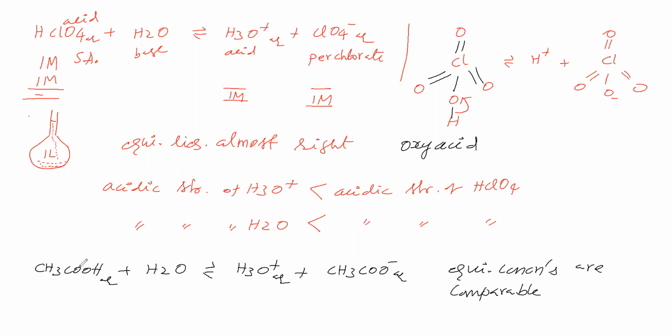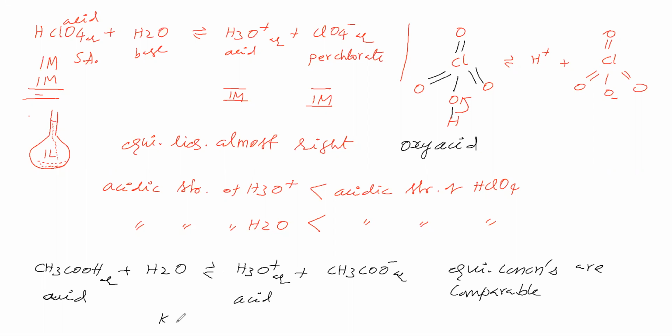Now this acetic acid is donating H plus to water and becomes acetate ion. Therefore, acetic acid is an acid. This H3O plus donates H plus to acetate ion and becomes water. Therefore, H3O plus is an acid. Now, for this case, what is the equilibrium constant?